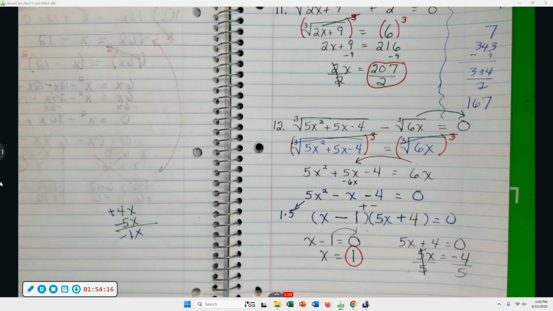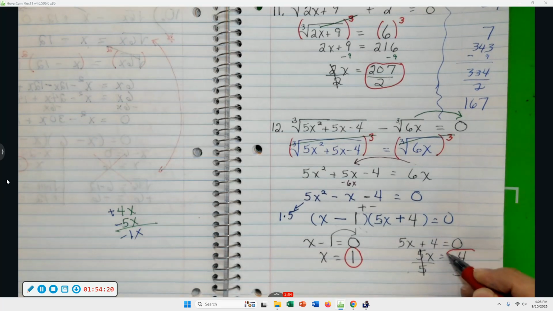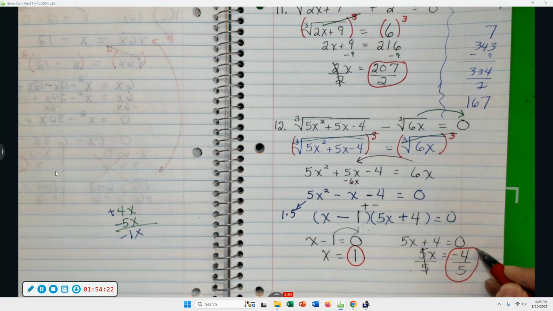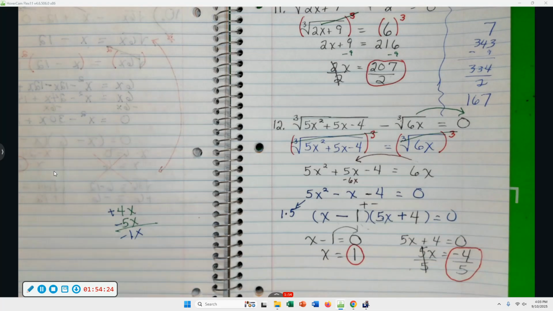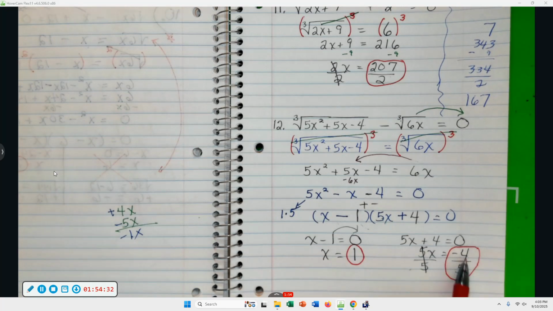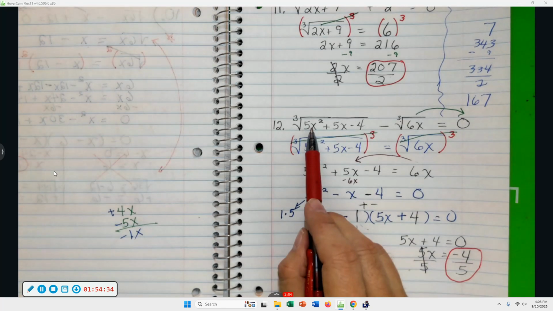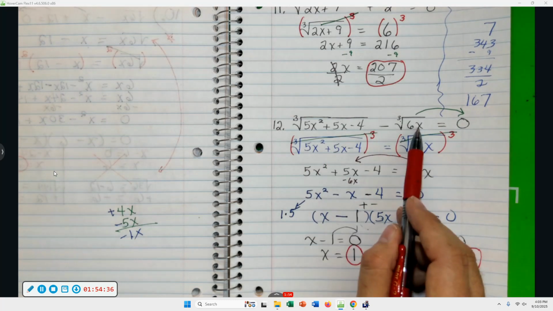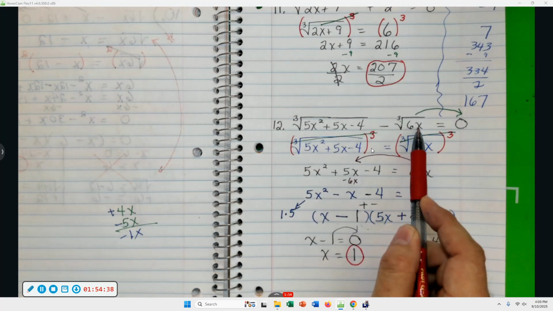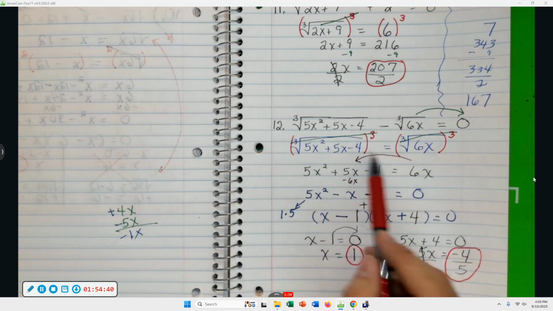You don't have to check the odd. I should make that statement. Now, if you're a view-an-example type of person, they say check it always. It's just not necessary. But I'm going to tell you, for an odd index, it's going to be a little messy plugging -4/5 in for every one of these x's. Even if you use the isolated form, it's still going to be messy.